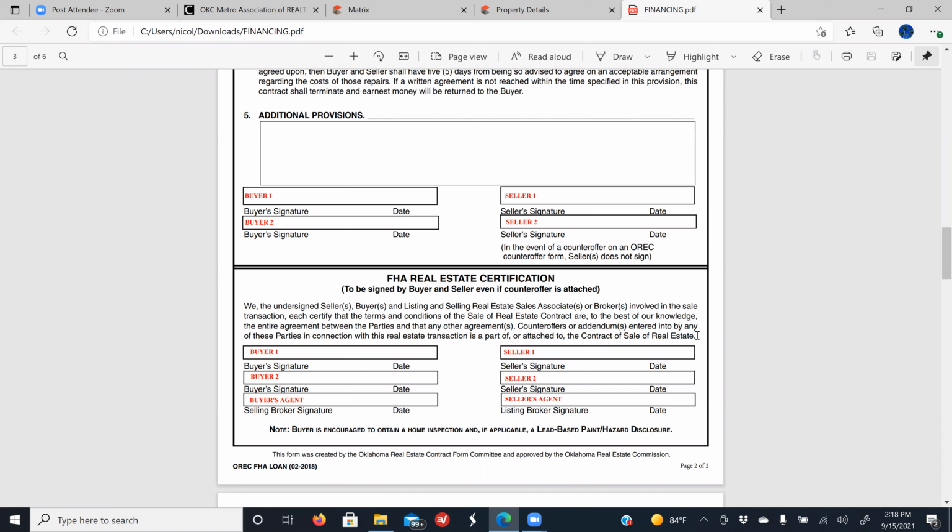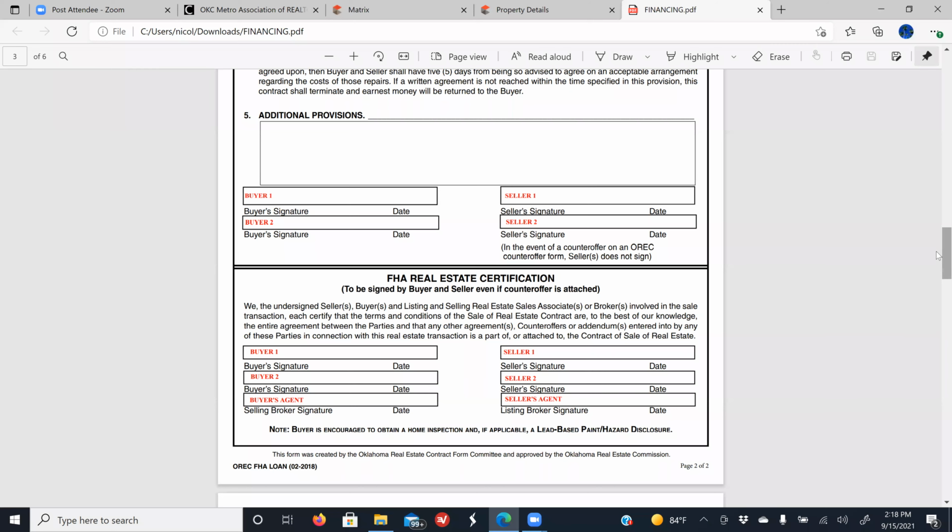So it's just stating that we are disclosing that there are no other agreements outside of everything that we have provided. And so we just sign that at the bottom, and both buying agent, listing agent, buyers and sellers must sign this bottom no matter what, even if there is a counter offer.